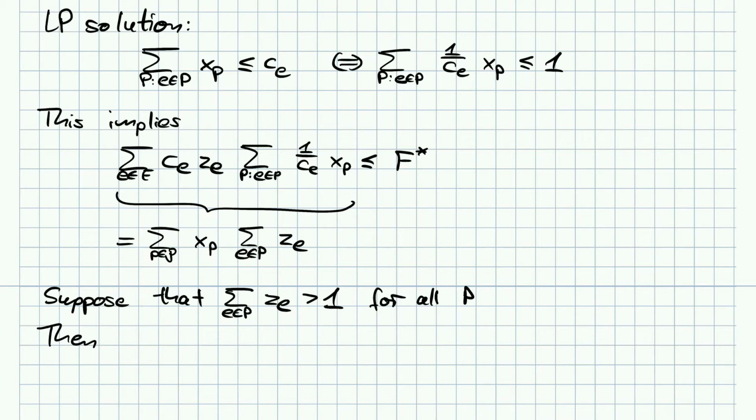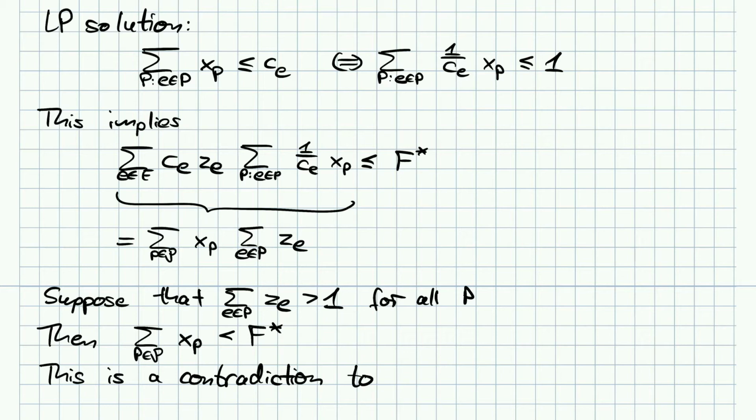Then we have that the flow that we have here has to be strictly smaller than f star, which is a contradiction to this x being a flow of value f star.